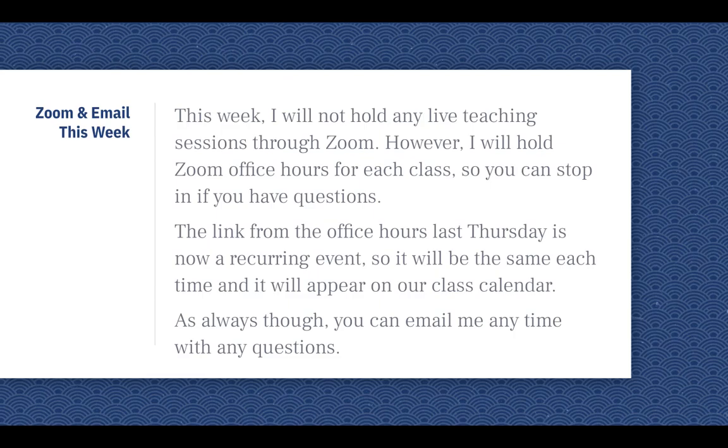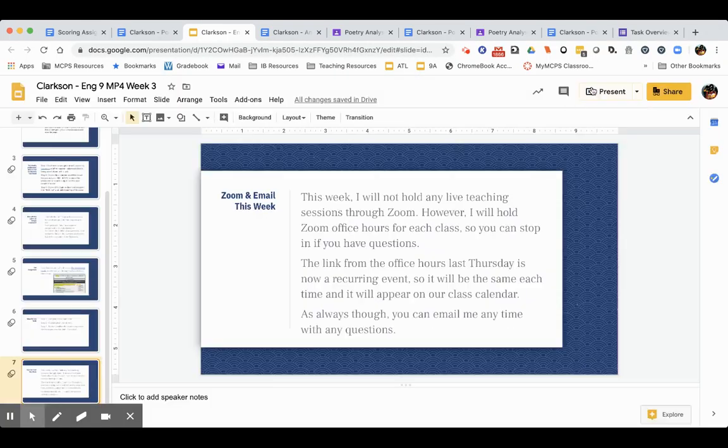So that's where we are for this week. Again, steps 1, 2, and 3 for your poetry analysis task board are all we've got going on this week. And if you have any questions about those assignments, please feel free to either email me or you can also post them to the class Padlet. And that's something we haven't really utilized yet.